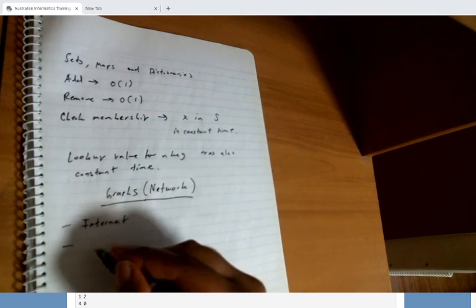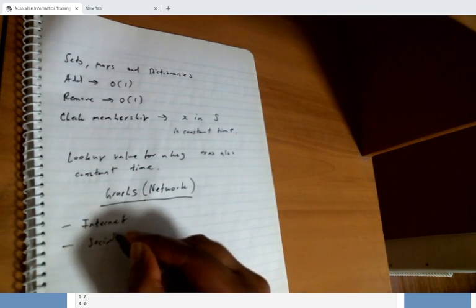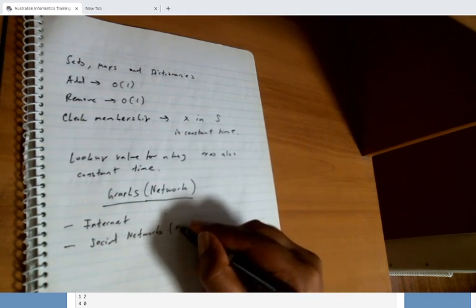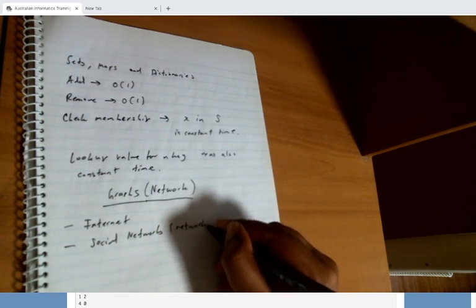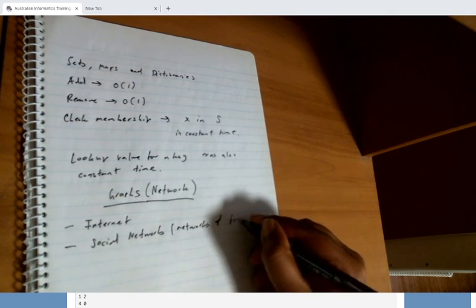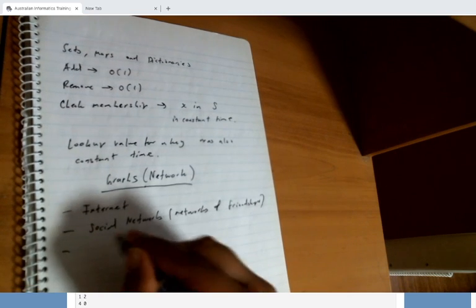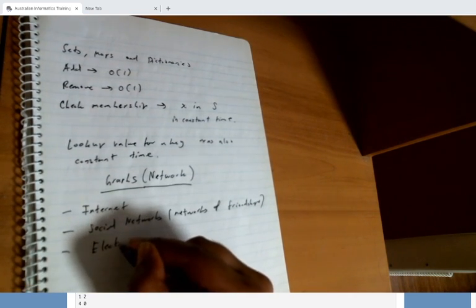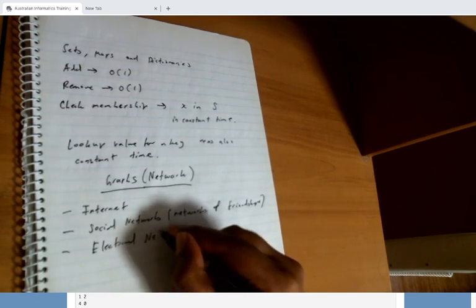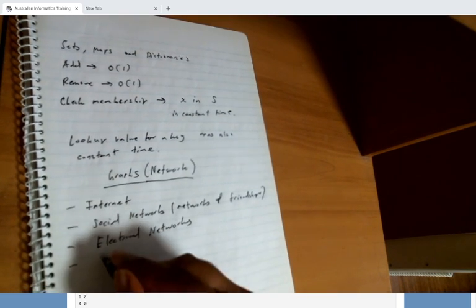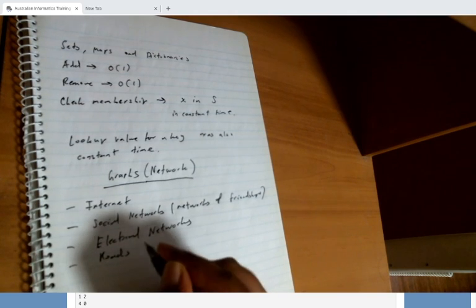So we have social networks, which are networks of friendships. We have electrical networks. Things like roads, those are networks too.